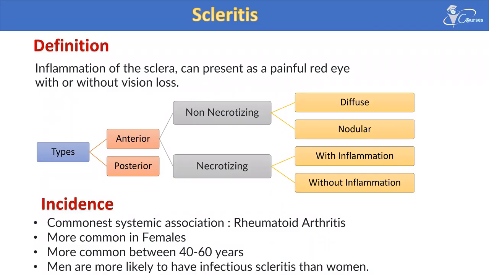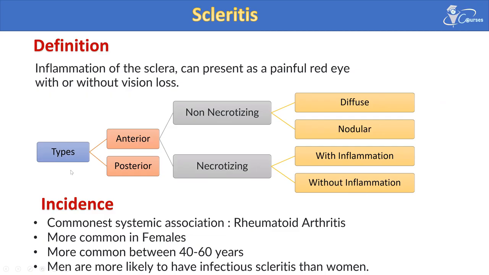Or it can be associated with necrosis, necrotizing, with inflammation, which will be the most severe type, the type most associated with visual loss and poor prognosis. And there is necrotizing without inflammation, where there is necrosis of the sclera without inflammation.